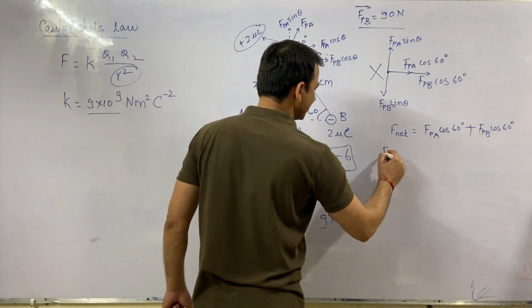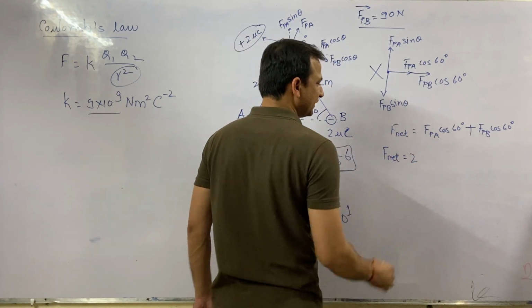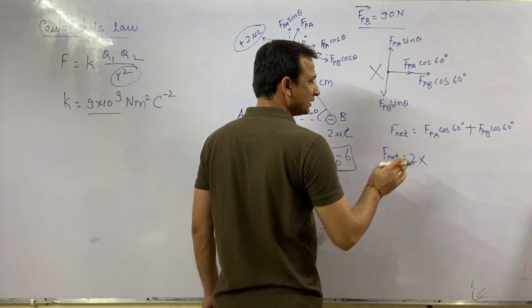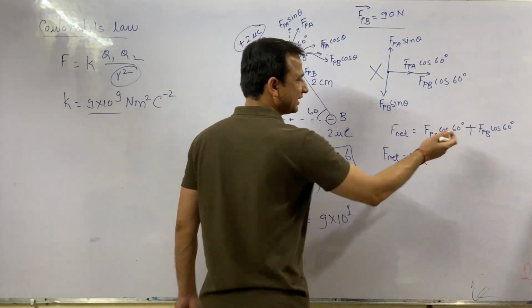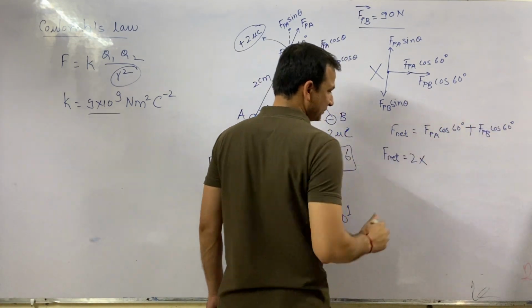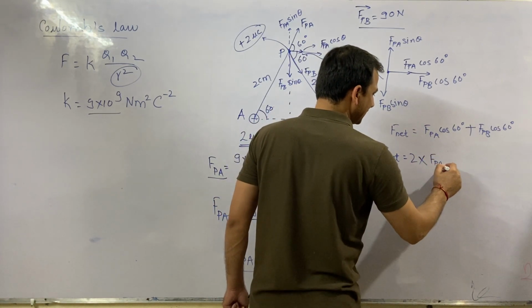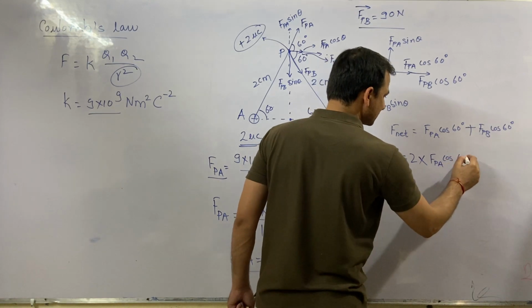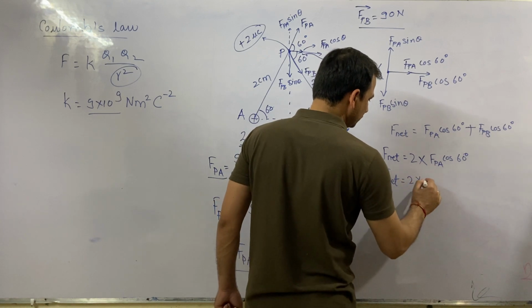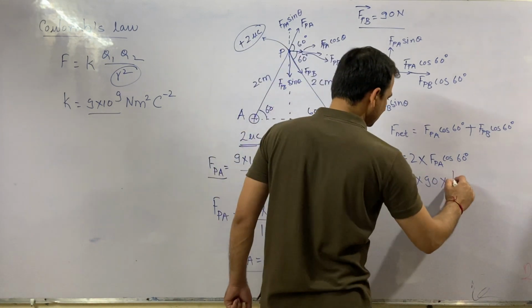So we can write F net is equal to 2 into FPA cos 60 degree, which is 2 into 90 into cos 60, which is 1 by 2.